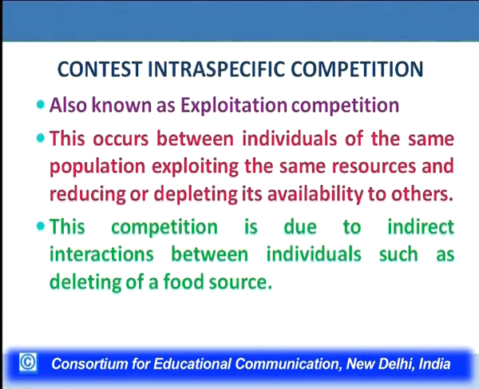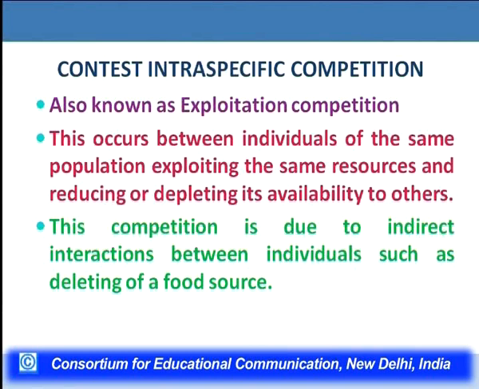Another type of intraspecific competition is exploitation competition. Herein there might not be direct competition between the individuals, but since two or more individuals are competing for the same resource, the individual who is better able to utilize the resource will deplete the resource very fast so that it becomes unavailable to the other individual, and therefore the individual who is not able to utilize resource will be left in the lurch.